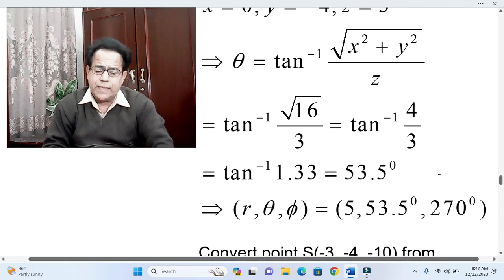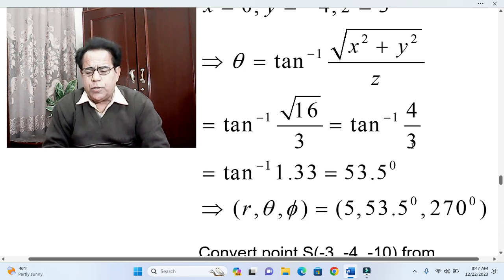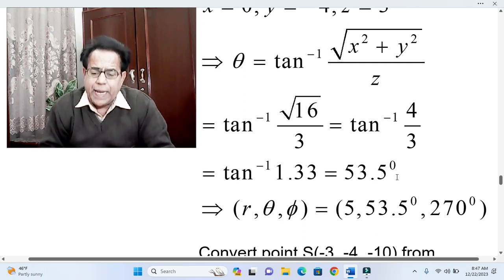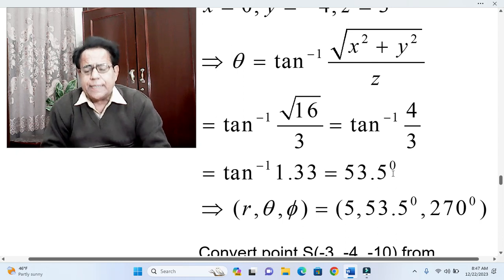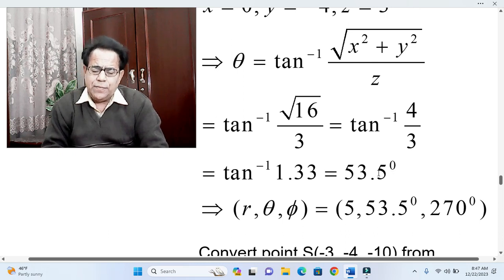Here once again all are positive, x and y, numerator and denominator both are plus, so we do not need to make any adjustment or addition or subtraction.